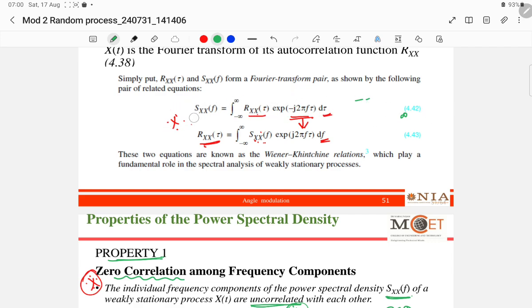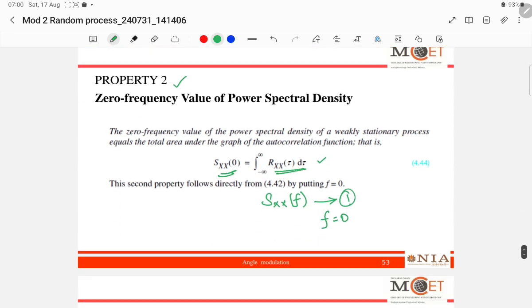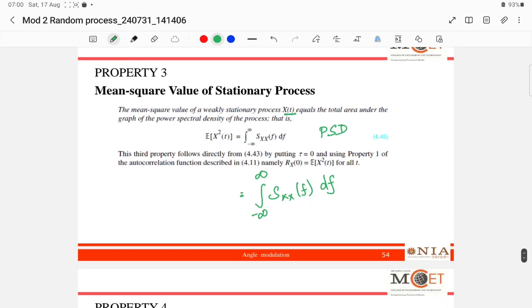We are taking this equation and processing it, and we get the third property, the mean square value of the stationary process. Using the same condition, Rxx(tau) at tau equal to 0 is equal to the expectation of x squared of t.